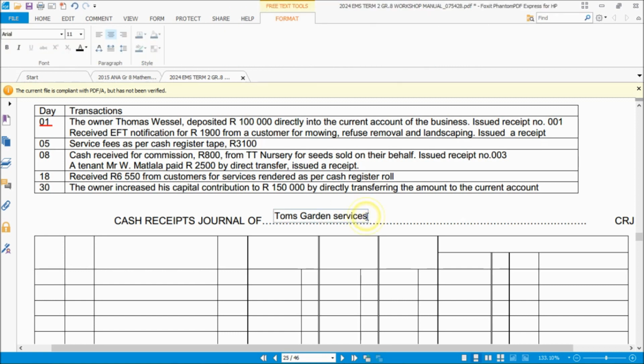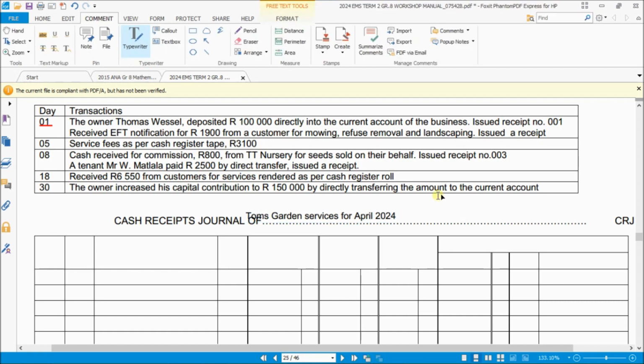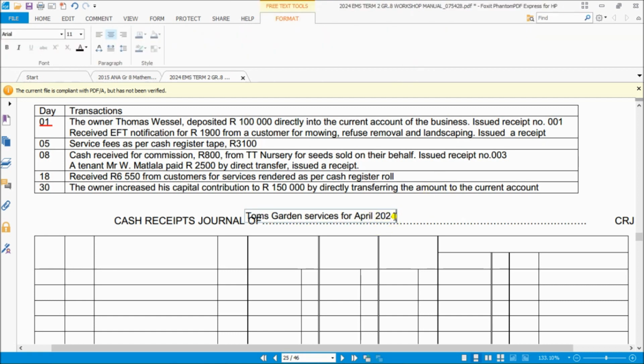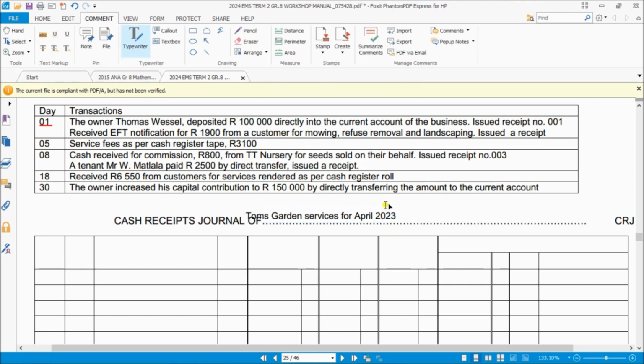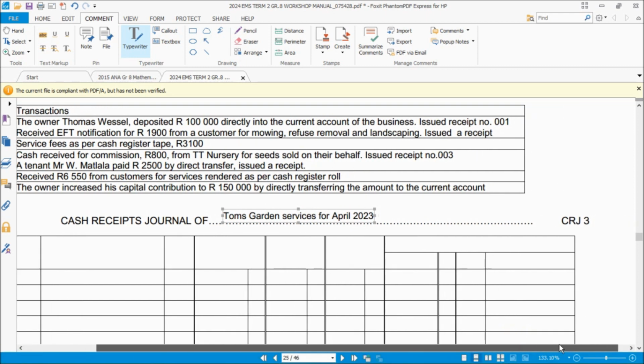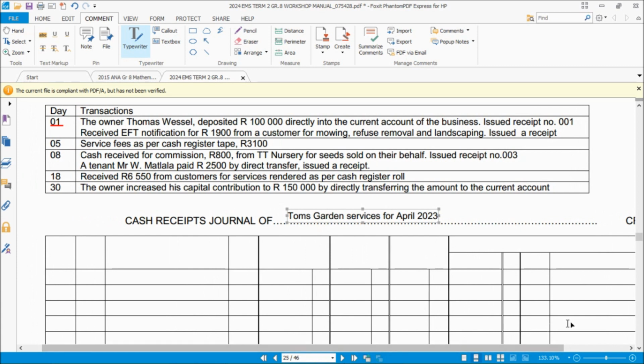Need a date for April 2023. Alright, not 2024, 2023. And move this all the way to here. And then another thing I have is this CRJ3. So every CRJ has a number.